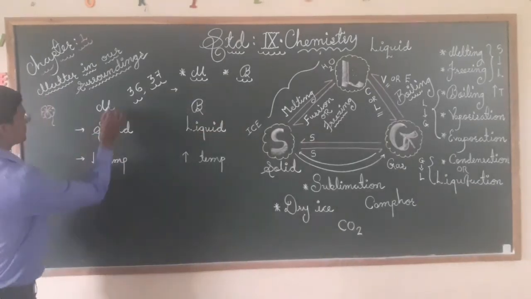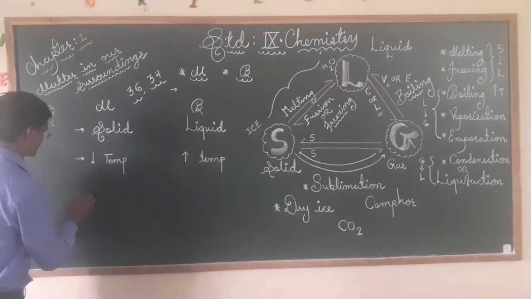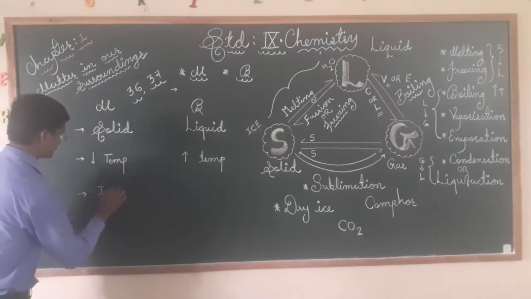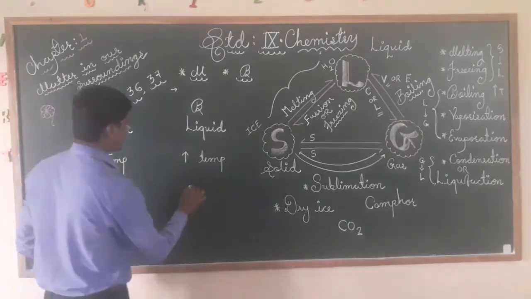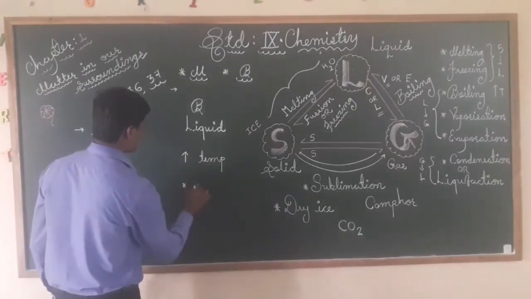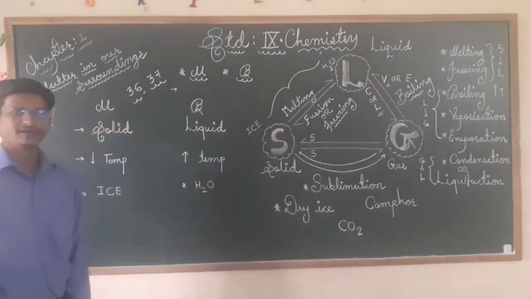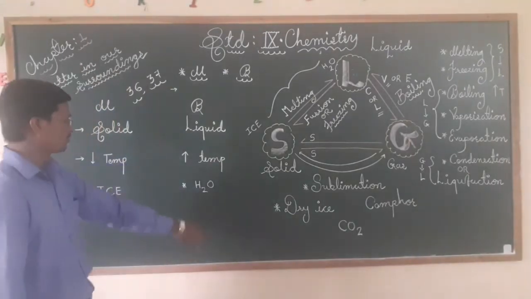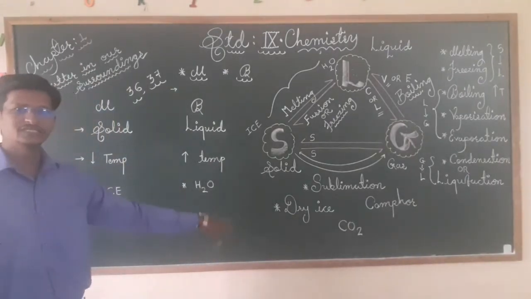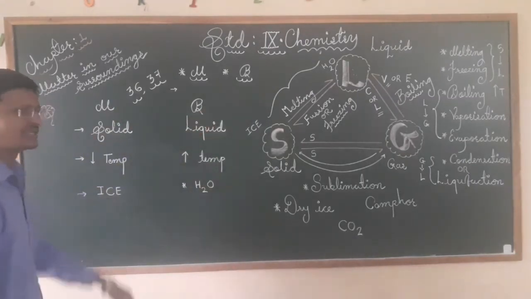The best example of melting is ice; ice will melt. For boiling, the example is water. Water is boiling, ice is melting. Alcohol, kerosene, and diesel boil.